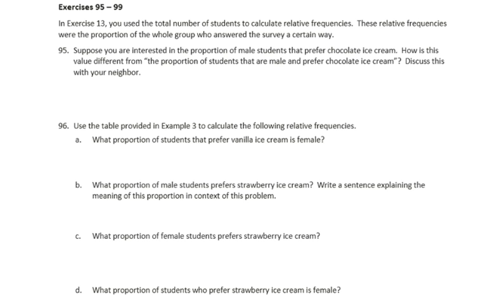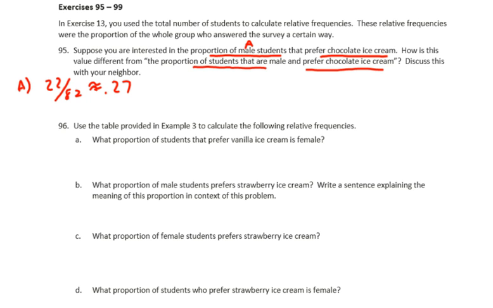Suppose you're interested in the proportion of male students that prefer chocolate ice cream. How is this value different than the proportion of students that are male and prefer chocolate ice cream? So that's different. So the first one, I'll call this A. Proportion of male students that prefer chocolate ice cream was 22 out of 82, which is 0.27 approximately.